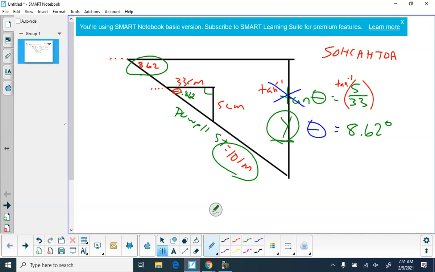Once again, anytime you go vertically and horizontally here, you form a right triangle. So, one must ask themselves once again, which trig ratio relates 8.62 degrees to Y in 101?